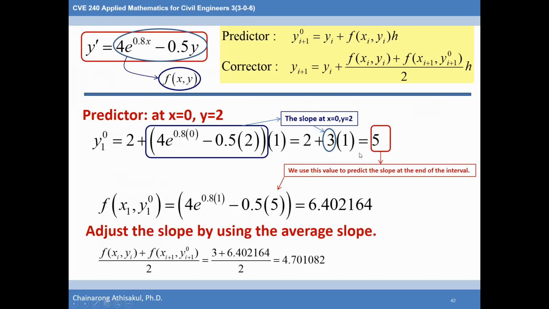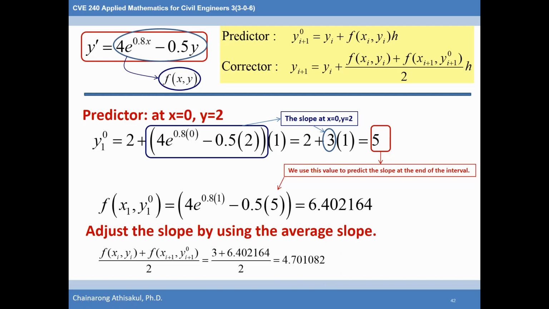We obtain y1 becomes 5. After that, we use y1 that becomes 5 and x1 also. We substitute x1 and y1 into the function f(x,y). Now we have the end slope, that is over here. After that, we determine the average slope, and we obtain the average slope here.